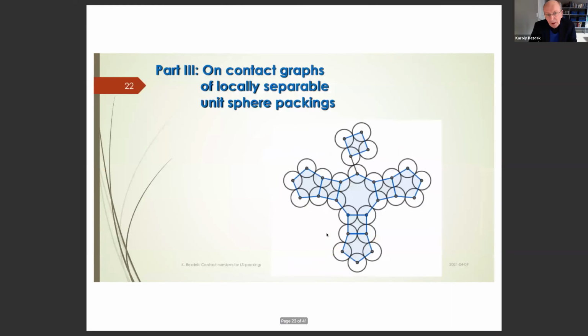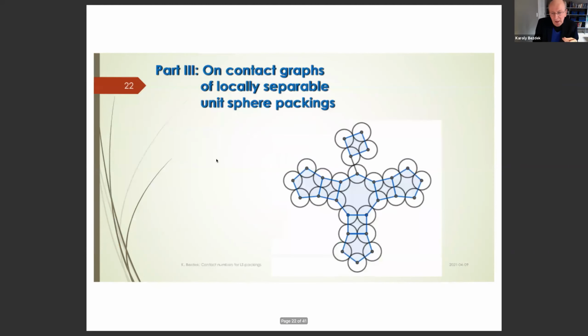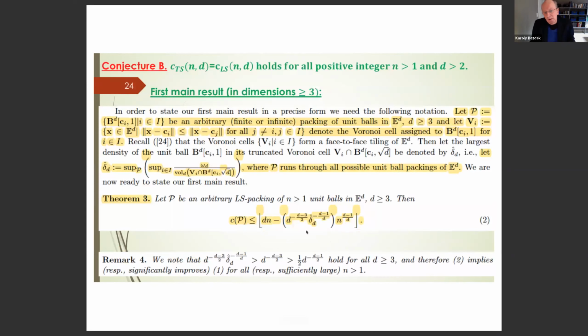If I go back to this slide, for any packing of unit balls in this space forming a totally separable packing, the contact number of that packing is at most this large. Here the coefficient of the isoperimetric term is 1 over 2 times d raised to the power of (d-1)/2, which has been replaced by a larger coefficient in this theorem.